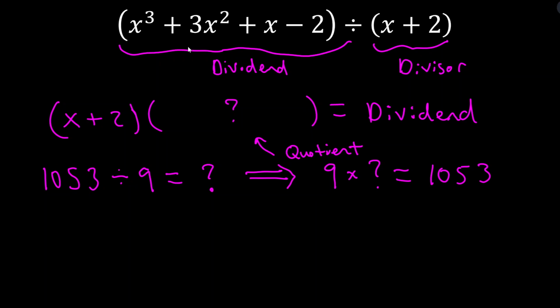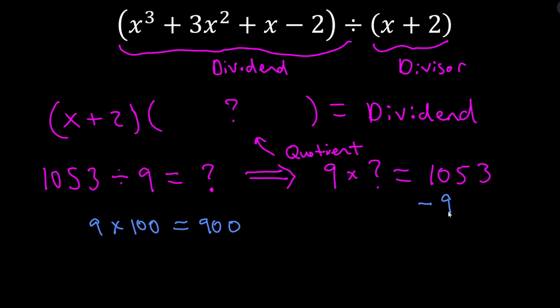We can actually use a similar strategy to the one we could use for this whole number example. When I saw this, I would think, well, I know 9 times 100 is 900, and that's less than 1053. So I can multiply 9 by a number that's at least 100, because that gives me 900, which is still less.